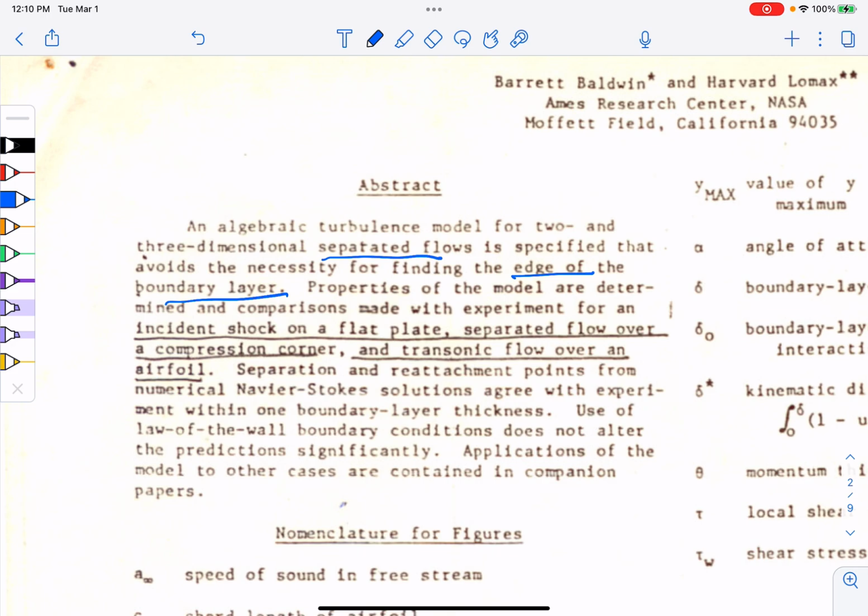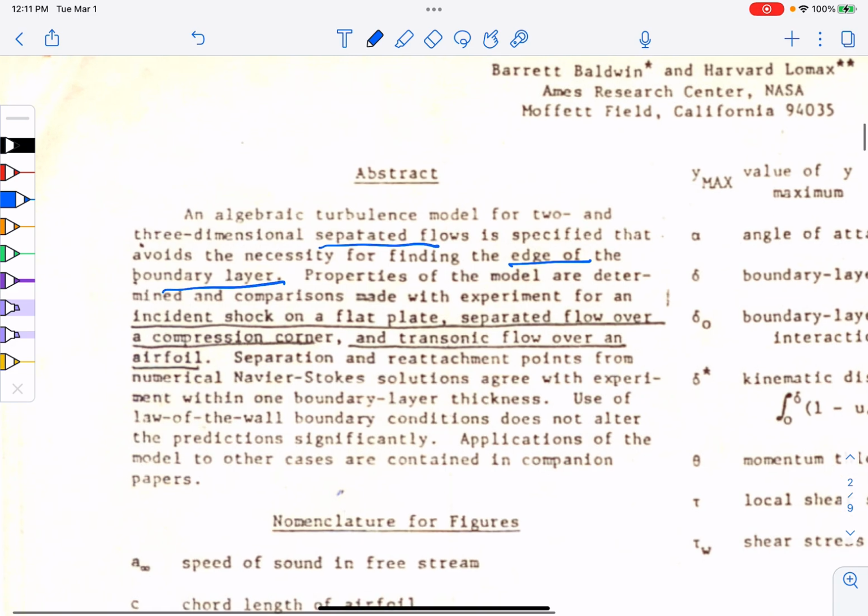Why? To find boundary layer parameters like delta, for instance. And these properties of the model are determined and comparisons are made with experiments for cases including shocks and compression corners and transonic airfoils, which I just drew. And those are their validation cases. And they're going to note some of the deficiencies of their model also.